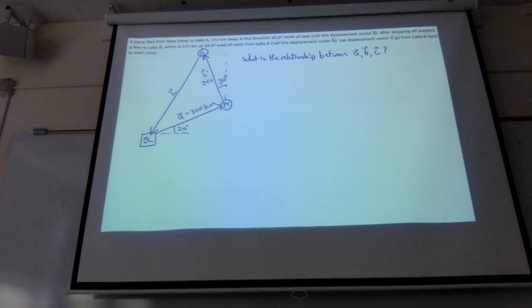In other words, the relationship is adding these 3 gives me nothing. No displacement at all. You have not been displaced from where you started. You went on a journey, you went all these other places, you covered some distance, but you came back to where you started. No displacement.